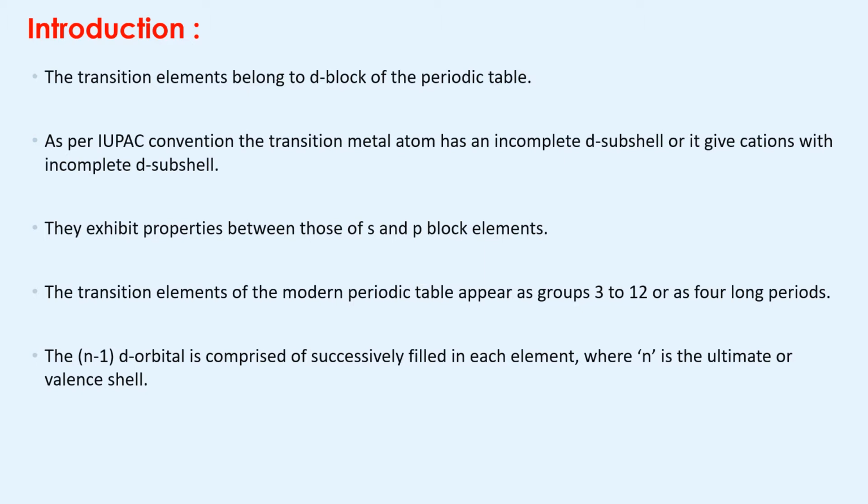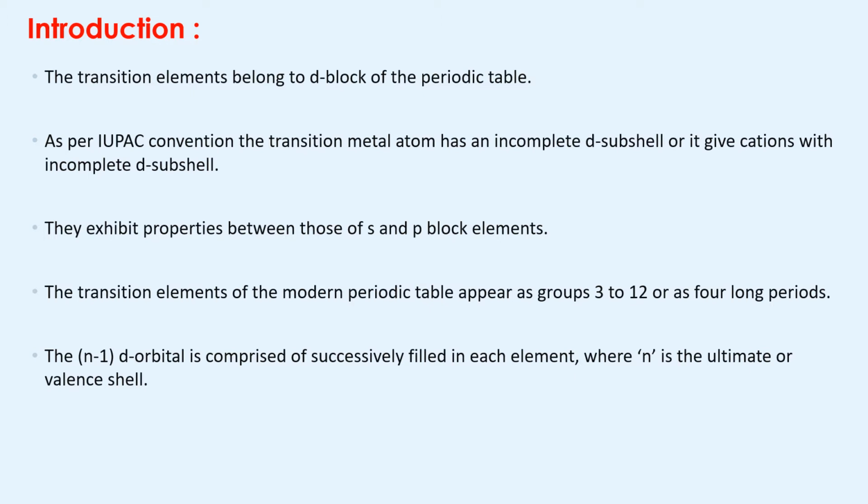Means in the s orbital you may have 1 or 2 electrons. Whenever you study your first 3d series, at that time n-1 is nothing but 3d, and the respective electrons enter that subshell, and ns is nothing but your 4s. That is just an example to explain to you.